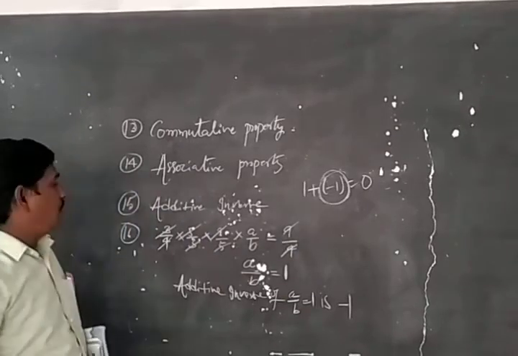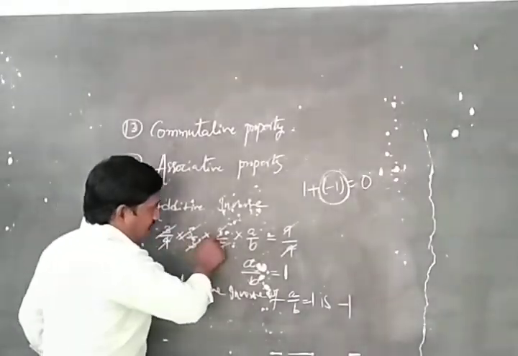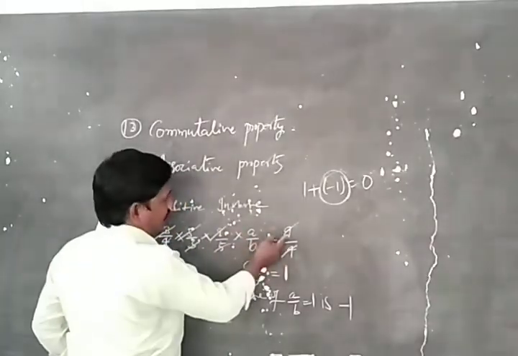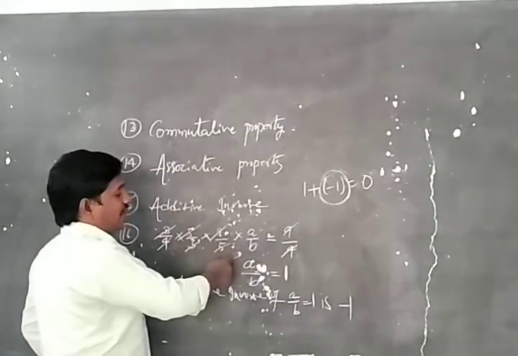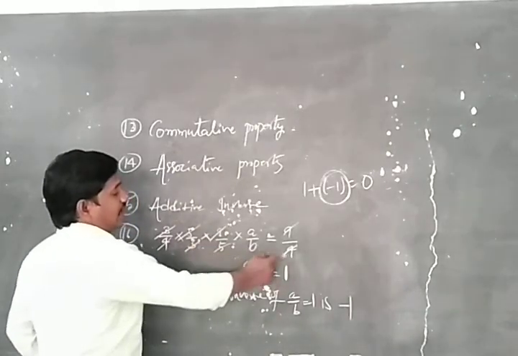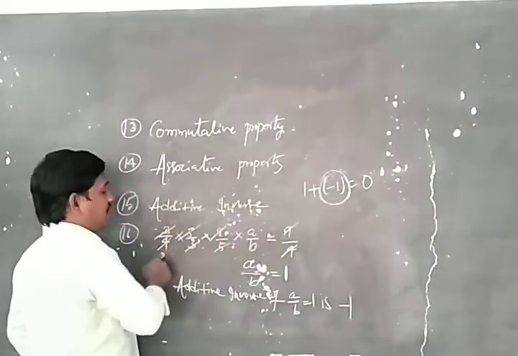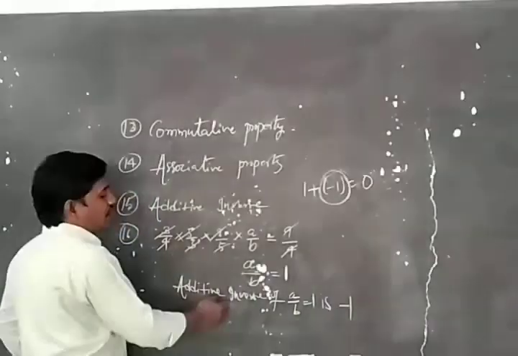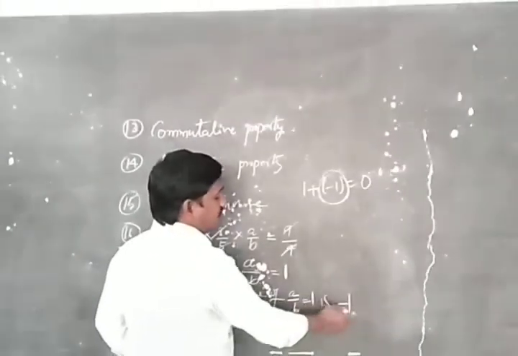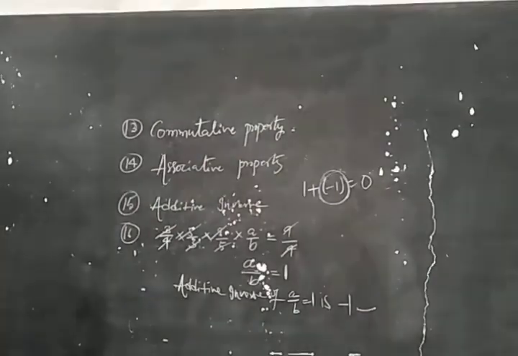Here the numerator by the transposition becomes denominator, and the denominator becomes numerator, so both are cancelled. A by B equal to 1, so the additive inverse is minus 1. So the answer is minus 1.